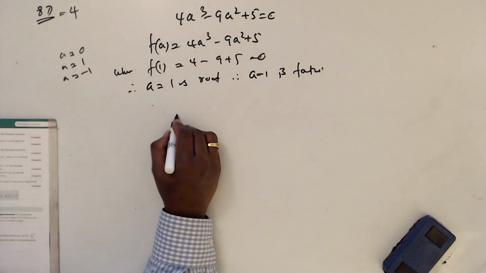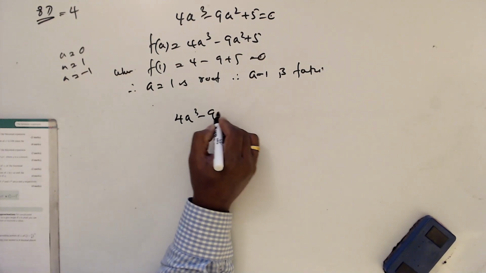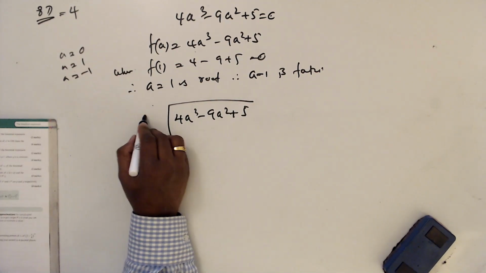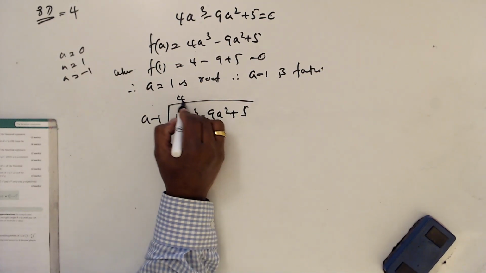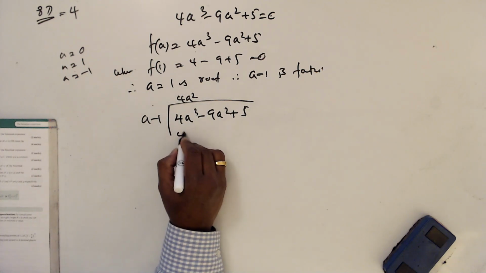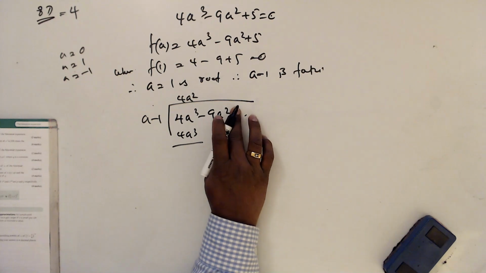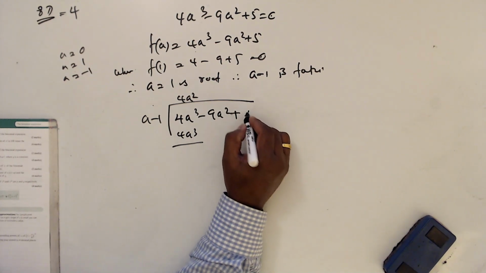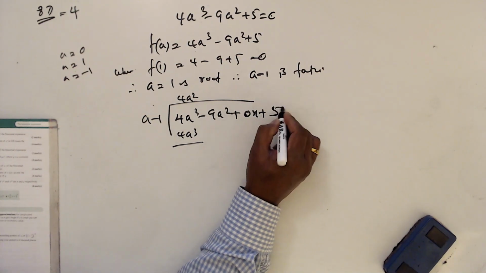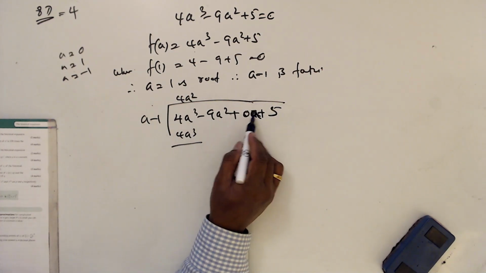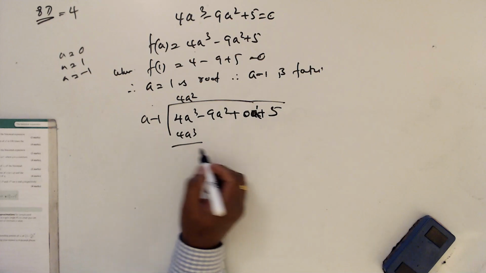Now we'll divide 4a cube minus 9a square plus 5 by a minus 1. This is going to be 4a square, 4a cube minus 4a square. Plus 0a plus 5. There is no a term, so I introduced 0.